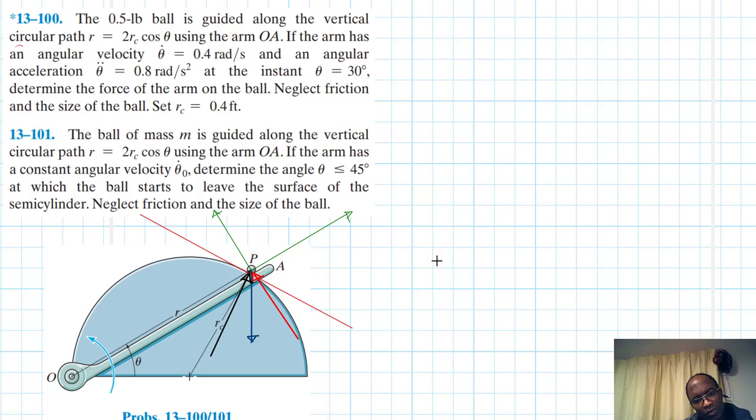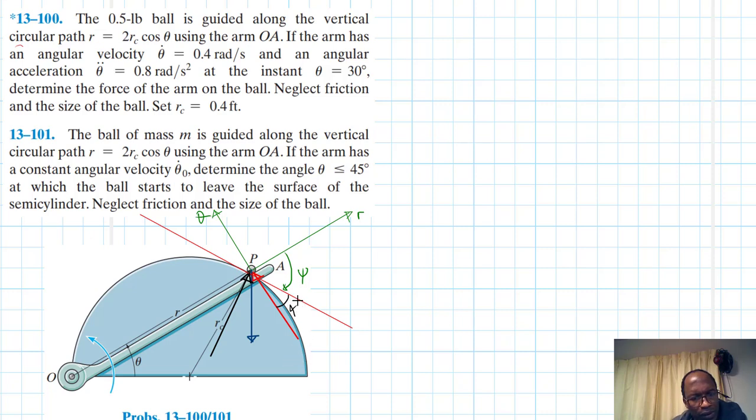Then we have this angle here that we're calling psi, and this is r, this is theta, and this psi, negative clockwise, is our alpha.